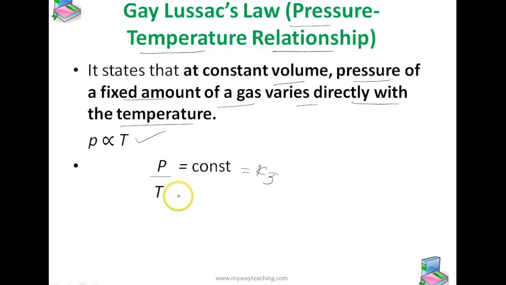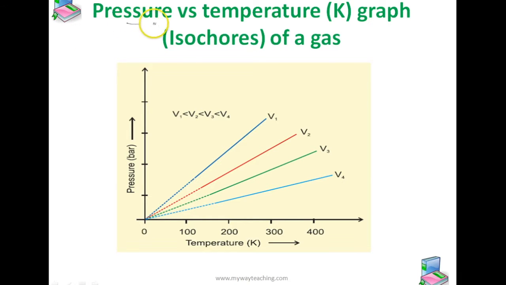This relationship can be derived from Boyle's law and Charles's law. I will show the pressure versus temperature graph at constant volume. Each line of this graph is called an isochore.